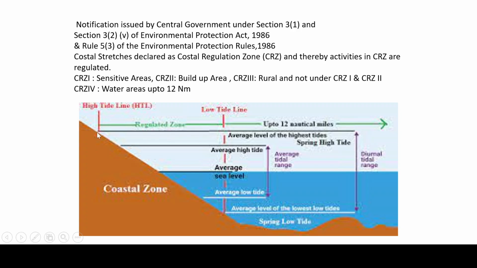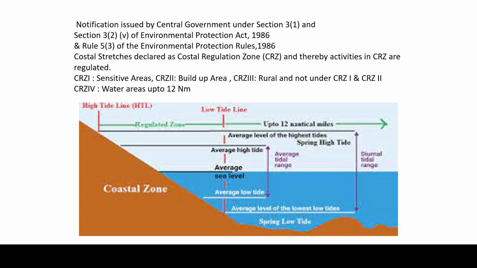Plus the land beyond the high tide line, 500 meters towards the land side, also falls under the regulated zone. So the regulated zone is between the high tide line and the low tide line, plus 500 meters towards the land from the high tide line. Clear?